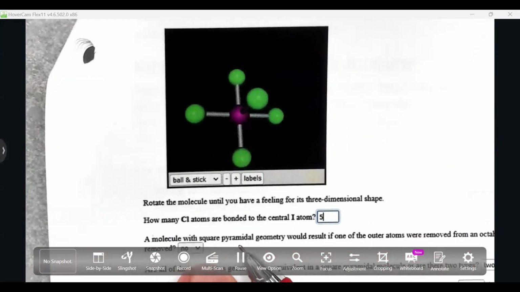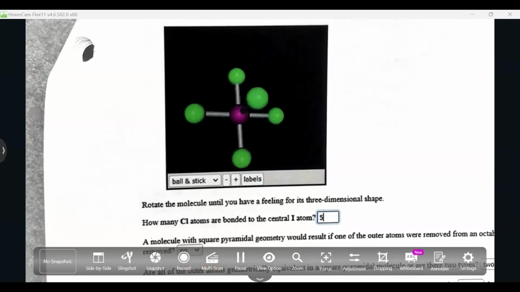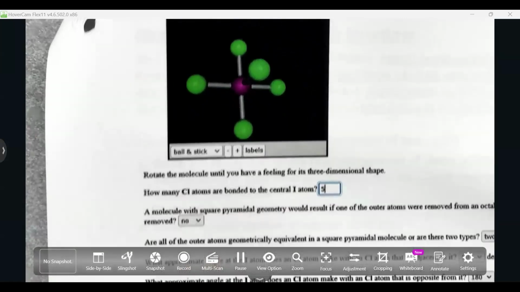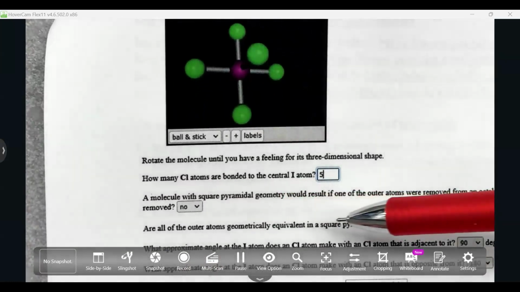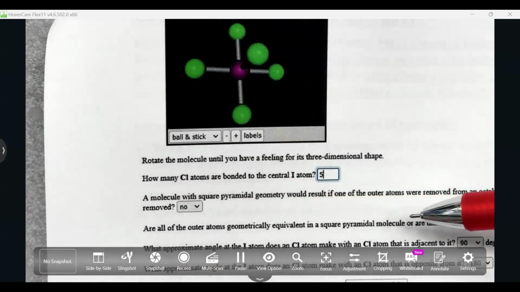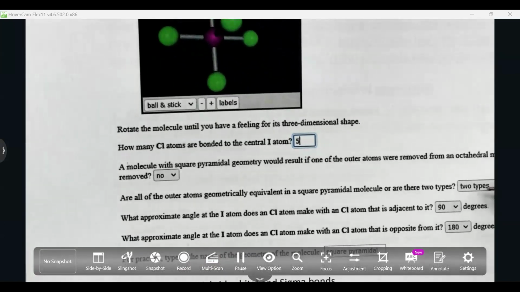A molecule with square pyramidal geometry would result if one of the outer atoms were removed from an octahedral molecule. Does it matter which of the outer atoms is removed? It does not. Are all of the outer atoms geometrically equivalent in a square pyramidal molecule, or are there 2 types? Well, there's 2 types.